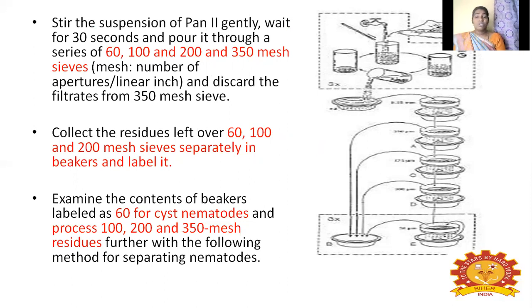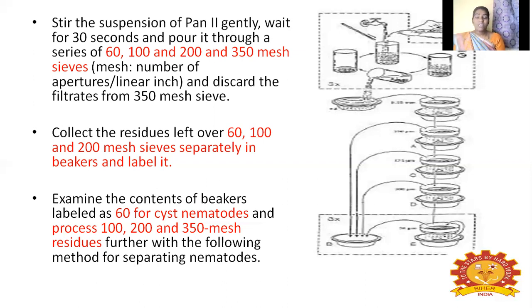After we finish this sieving series, we discard the filtrate collected at last through the 350 mesh sieve, as we do not need it. So we can discard that filtrate.